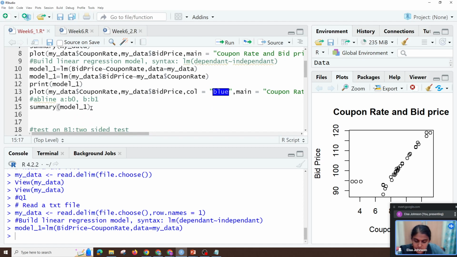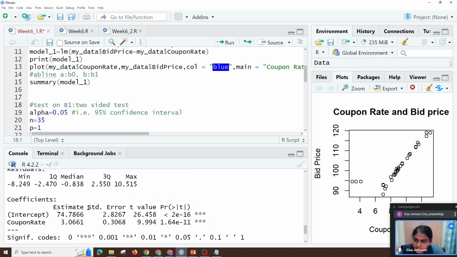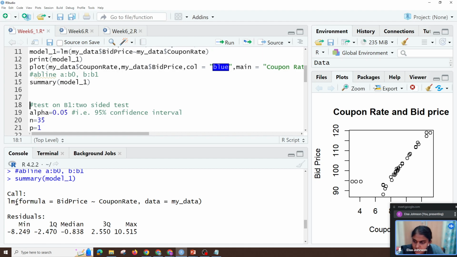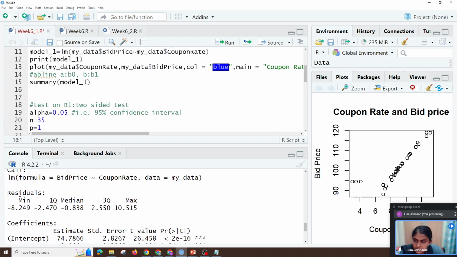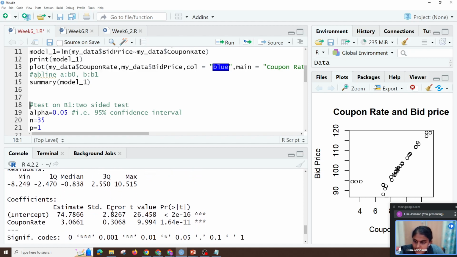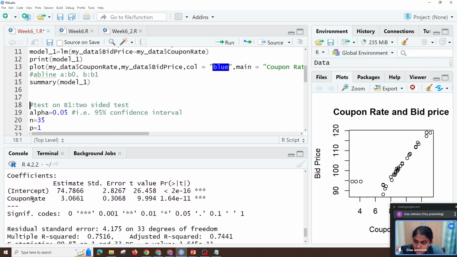Now the summary of the model: if you look at it, you will get this whole output. The lm formula, bid price and coupon rate, and the residuals are shown, the values of the residuals and how they vary. Then the coefficients, intercept and coupon rate, which give you bid price equal to intercept plus coupon rate coefficient into the variable coupon rate.